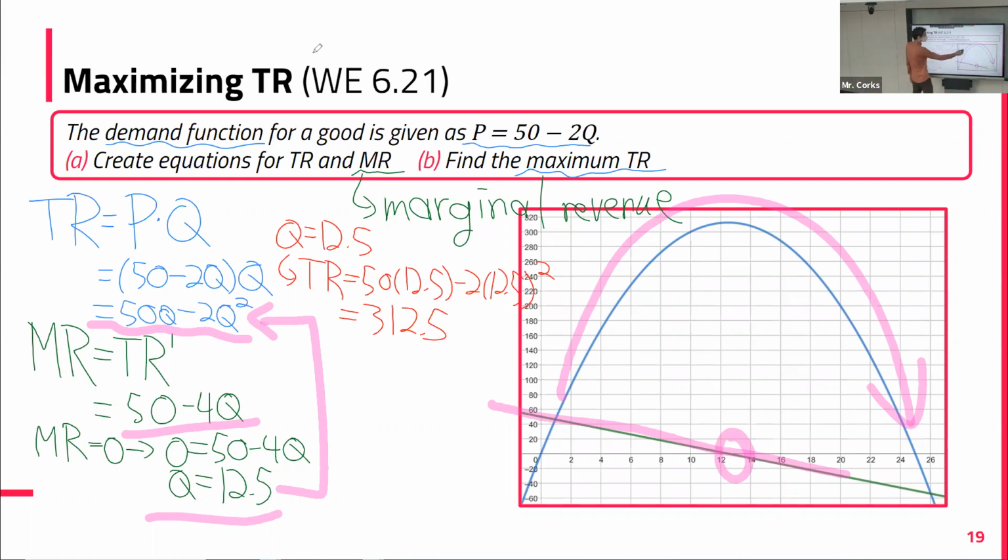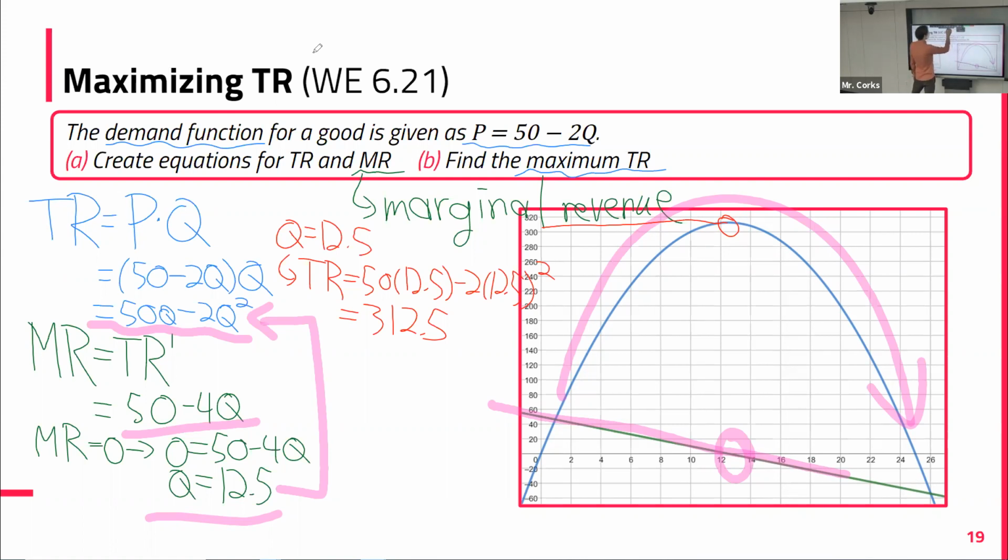That looks about right, given our graph. At the maximum point, it seems to line up right about there. So we just use our derivative and find first where the maximum is happening, at Q equals 12.5, and then one more step to get the actual Y value of that point, the actual maximum total revenue.